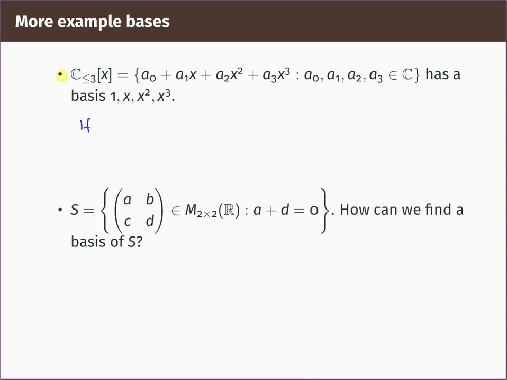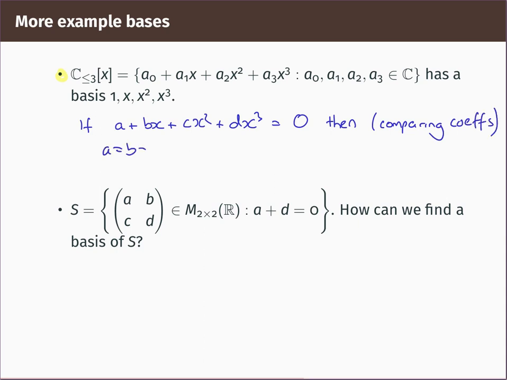So if a plus bx plus cx squared plus dx cubed is equal to the zero polynomial, then comparing coefficients, we get a equals b equals c equals d equals 0. So that proves linear independence. We already talked about being a spanning set, so these elements 1, x, x squared, x cubed form a linearly independent spanning set, and so they're a basis for this vector space.